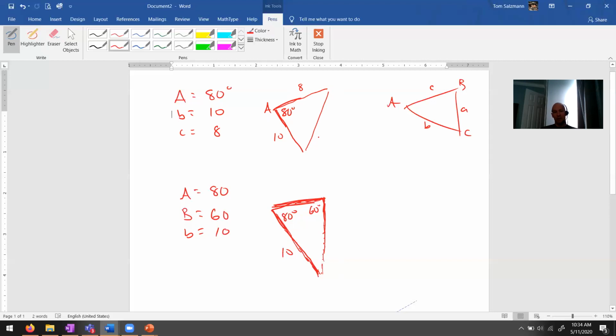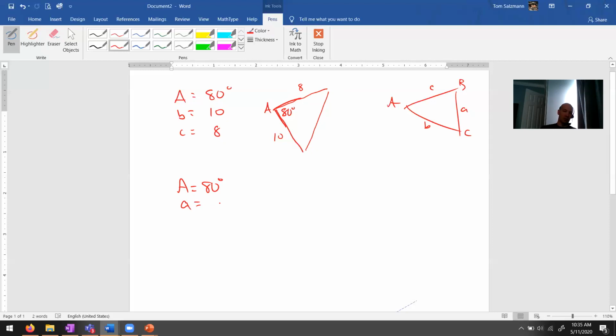So now I'm going to do one more thing here, and I'm going to give you the case where you've got A equal to 80. Side A, which is opposite, is equal to some fixed length. Let's make that 10 or something.